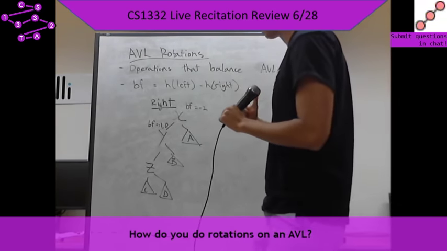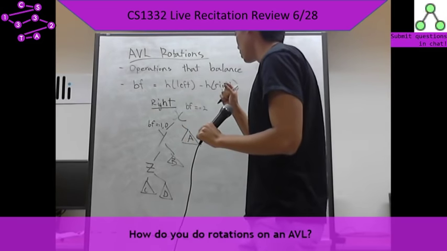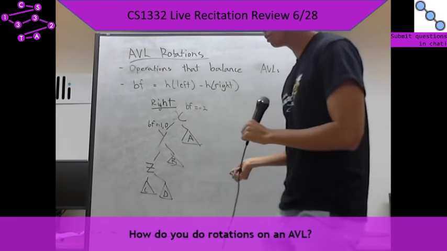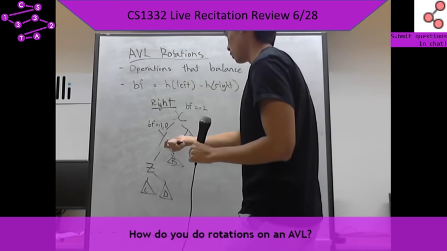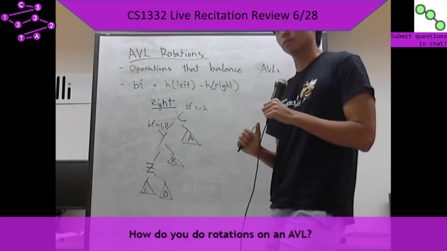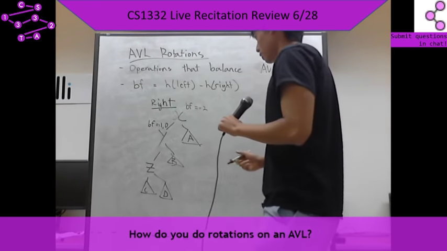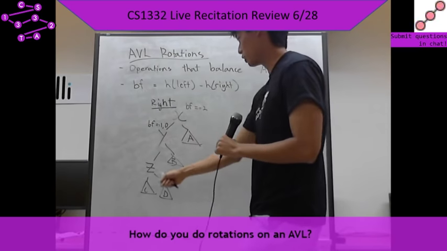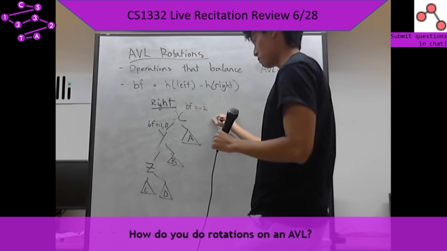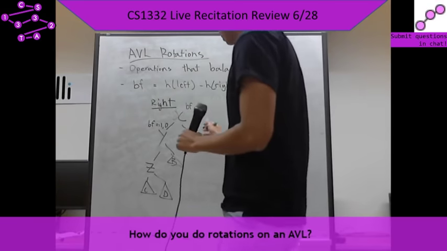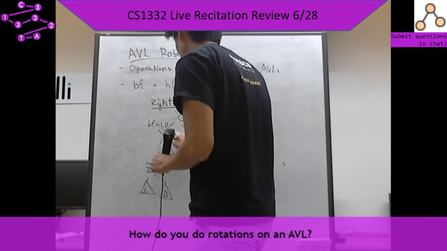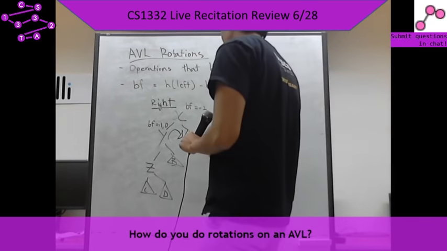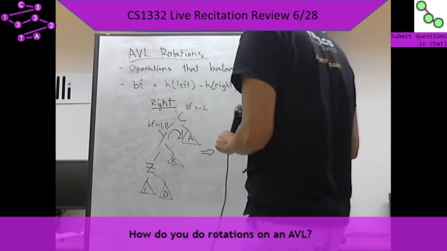We want to perform a right rotation when the unbalanced node has a balance factor equal to 2, and its left child has a balance factor of either 1 or 0. So you can imagine that I have this tree right here that's left unbalanced. And to fix this, I'm going to perform a right rotation, which will give me that.